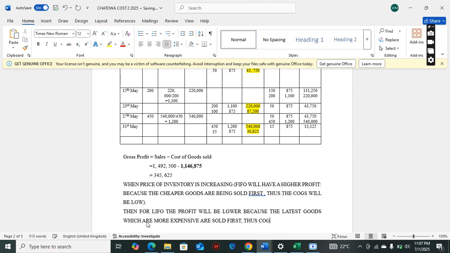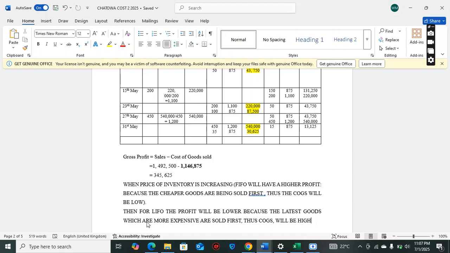Thus, our cost of goods sold will be high. They bring this type, especially for multiple choice, so you have to remember this point.